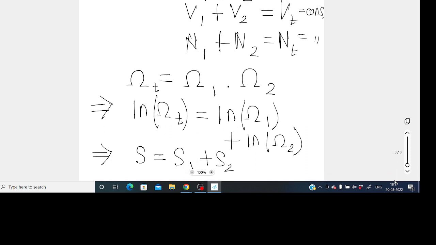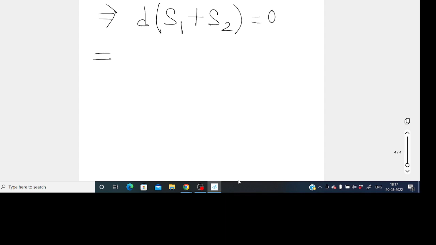This is the total entropy of the system. But at equilibrium, I have told that dS equal to 0. Now what is dS? This is this. So we have dS1 equal to minus dS2.